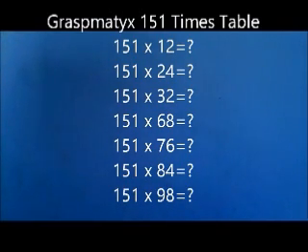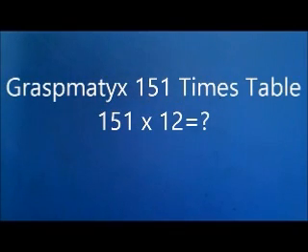Let's look at 151 times 12. Here's how you do that in the Grassmatics program. First, the number 1, to the immediate right of the 5, we will multiply by 12.